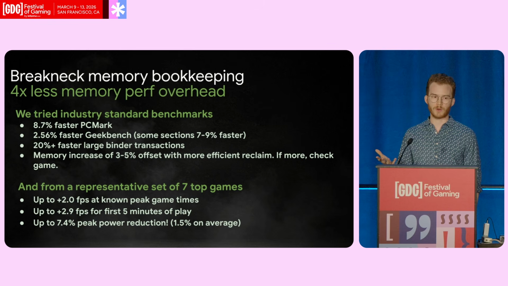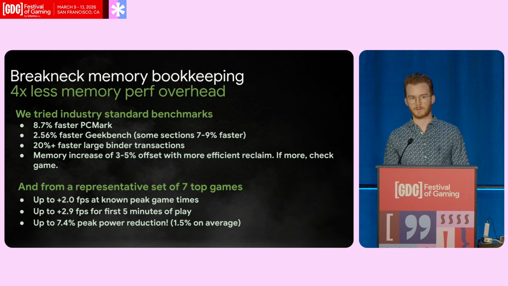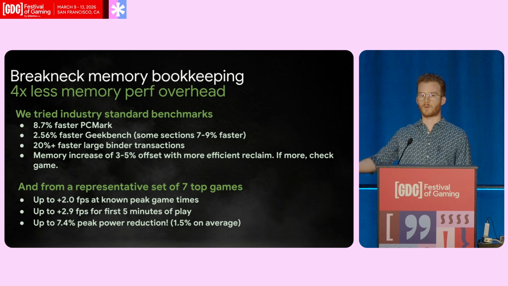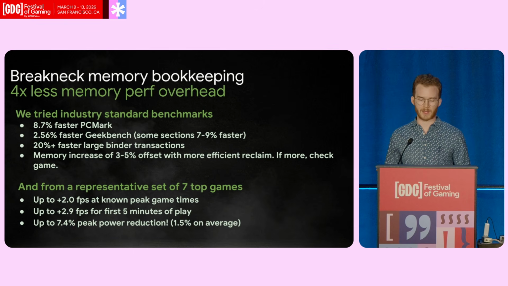And also, one thing to note is that this comes with a memory increase of about 3 to 5% overall on the system. And this is largely offset with more efficient reclaim. What that means is that when we're running low on memory, we can more efficiently go and put things to cache, put things to the disk, close things down, and get pages back to make them available.